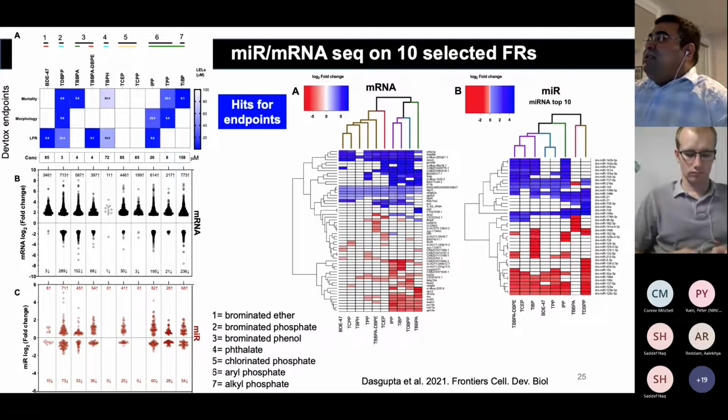On the right side, you see the expression of top 10 genes and microRNAs for each flame retardant, plotted across multiple different flame retardants. Again, what you see here is that in spite of these chemicals belonging to diverse physicochemical classes, there were several common genes and microRNAs across the flame retardant profiles, regardless of their physicochemical class.